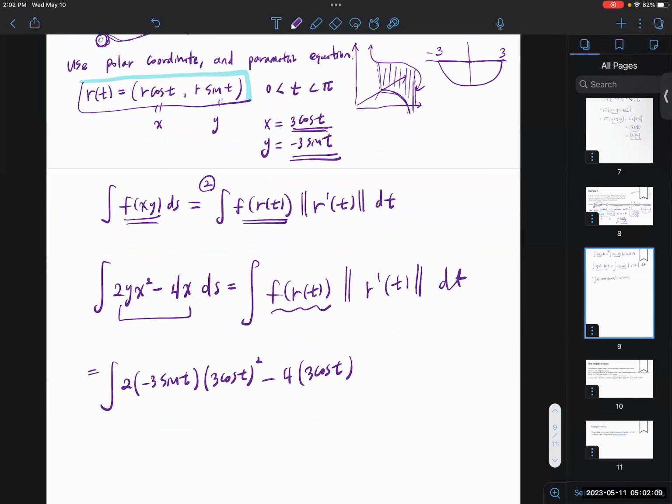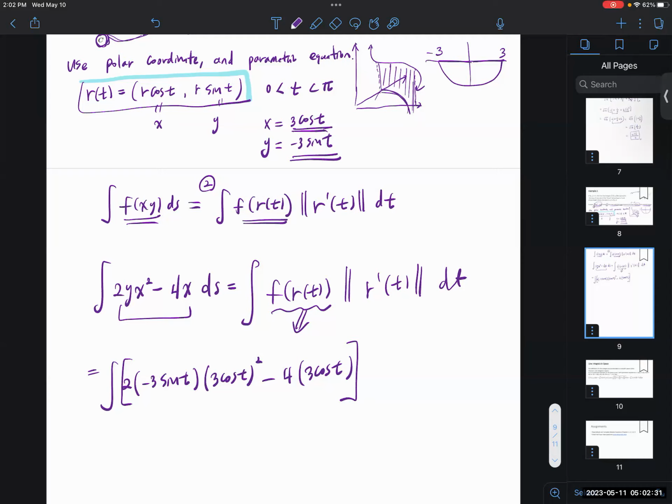So where am I? I'm trying to convert this in terms of the t variable because this x y is bugging me. So this entire thing we can convert, right? And then what are you going to do next? Just take a little bit of a breath. You need to take the derivative, right?